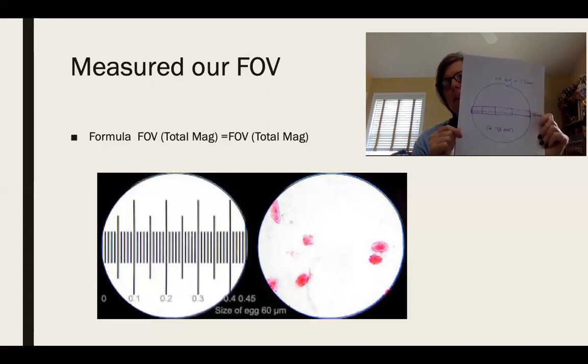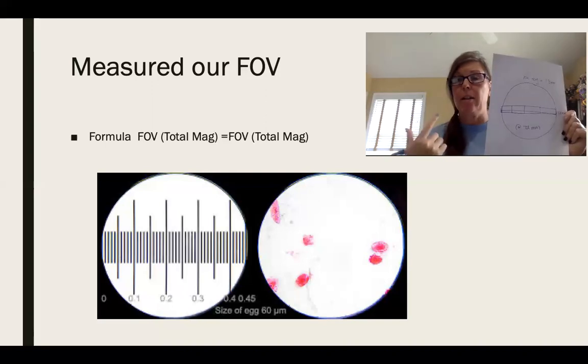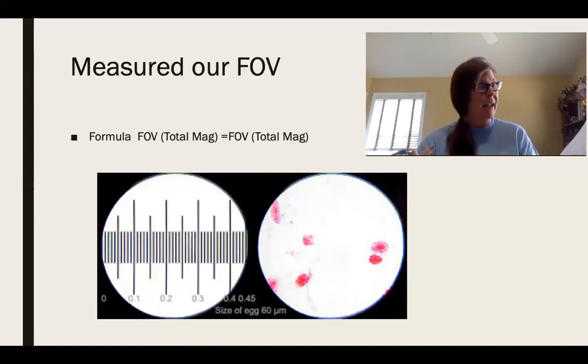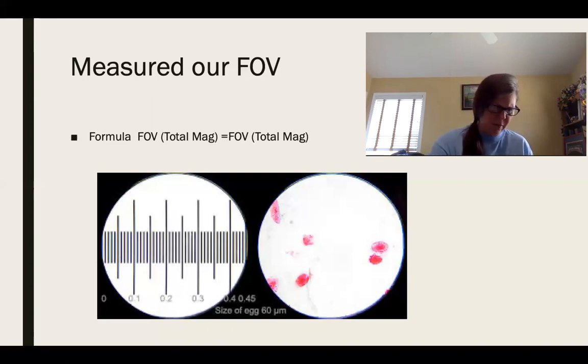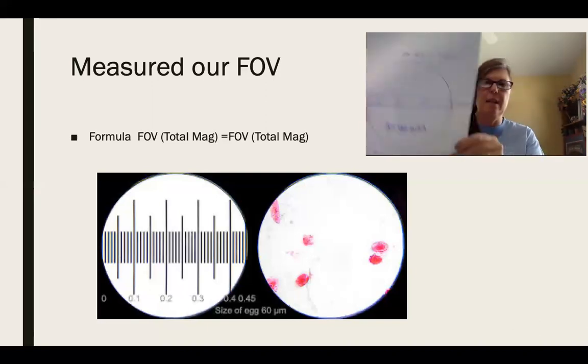I'm simply going to take 1.8 and divide it by 4 cells, and that is going to give me 0.45 millimeters per cell, if I want to keep my units in there.